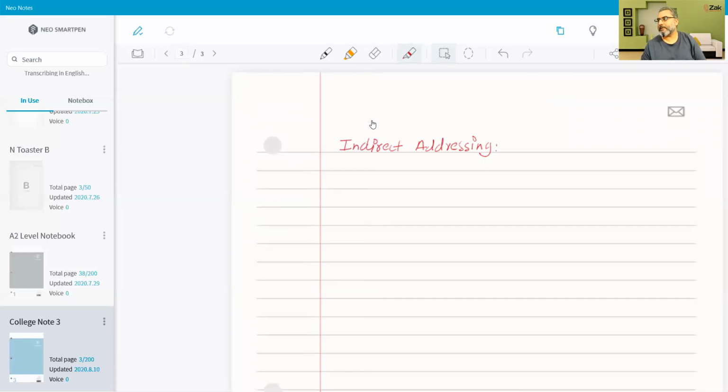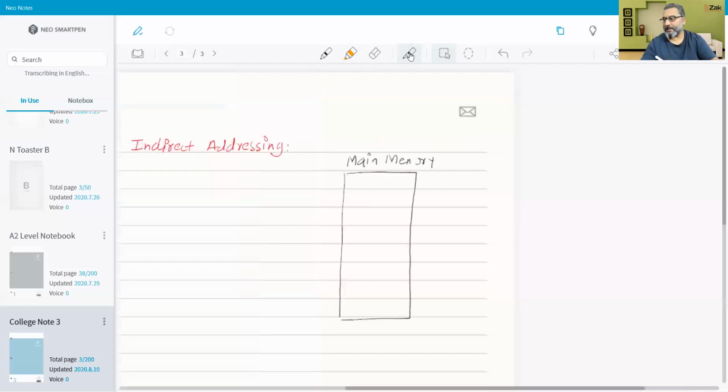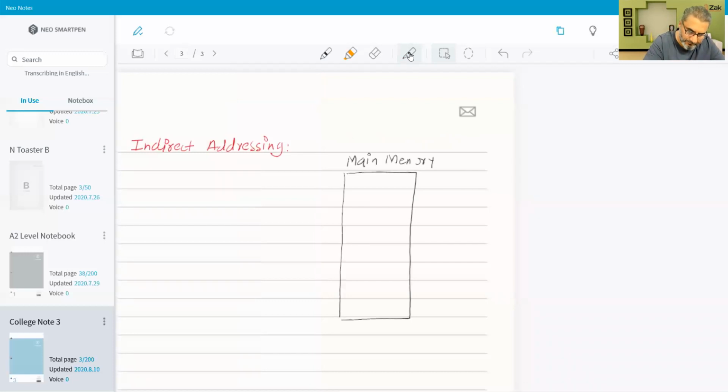Let's say हमारे पास ये main memory है, और ये जो main memory है, the size of this memory is actually 4 GB.